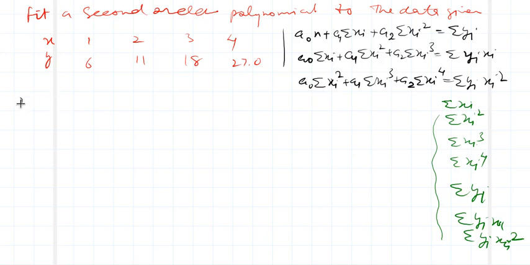So it is xi, another value is yi, and then what is needed? It is xi square, then xi cube, xi 4, then yi xi, and yi xi square.